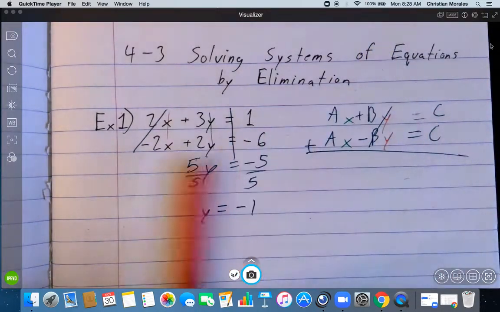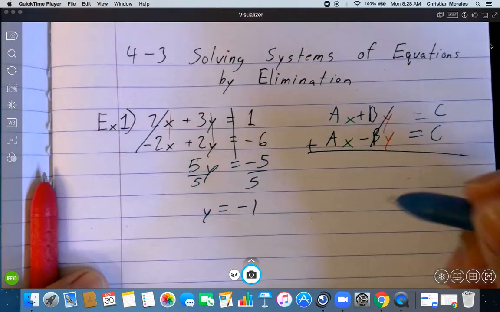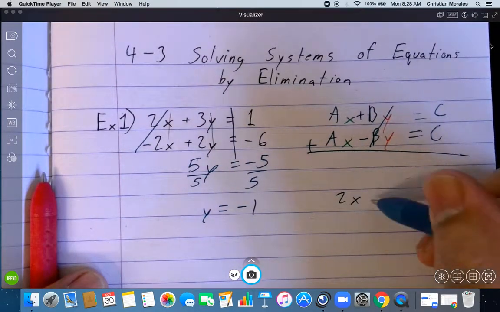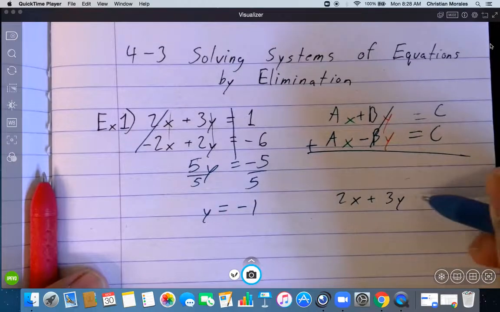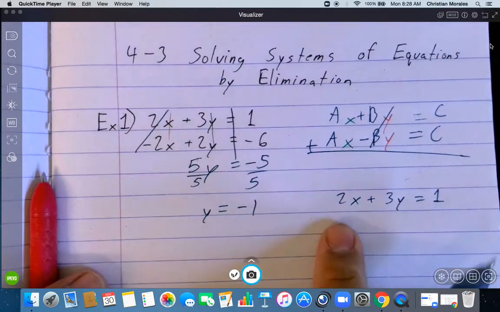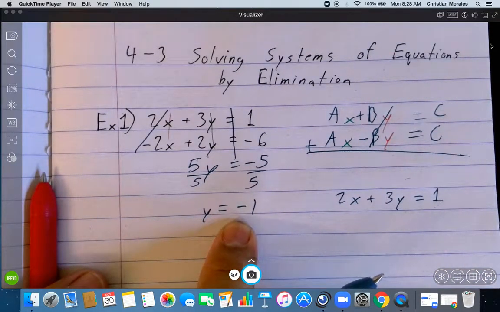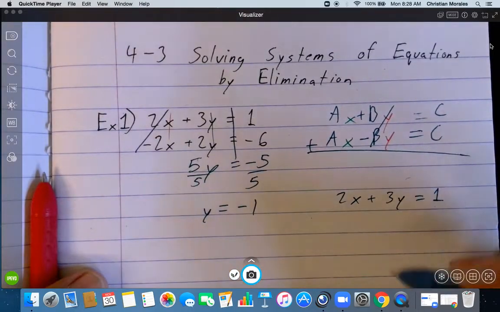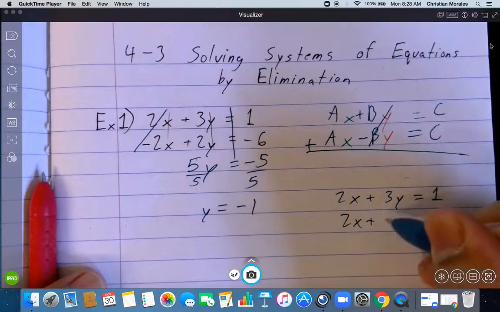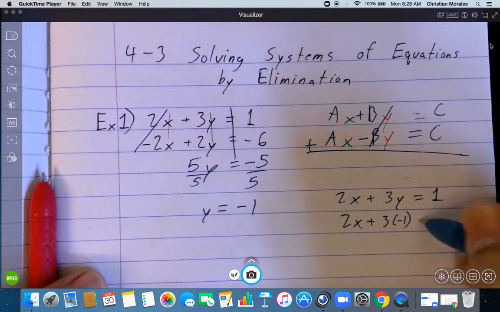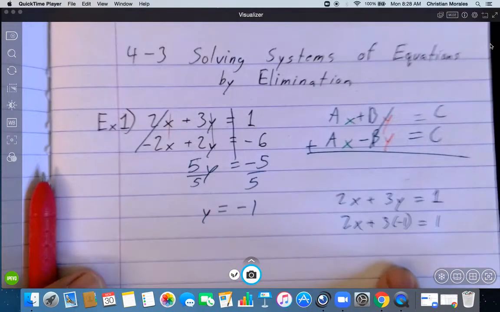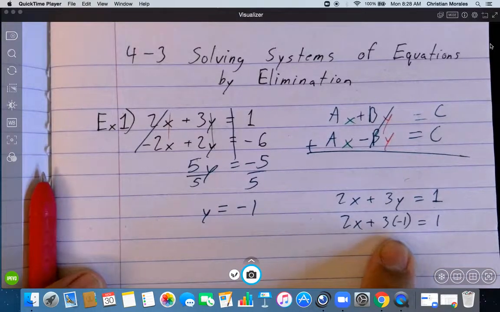All right, now remember, you need an answer for x and y. So what you do is you go back to one of your problems. Let's just take the top one. Take one of the equations. You're going to plug in -1 into the y. Like this. Then what happens, this multiplies.